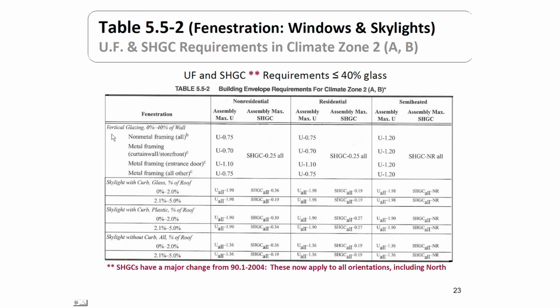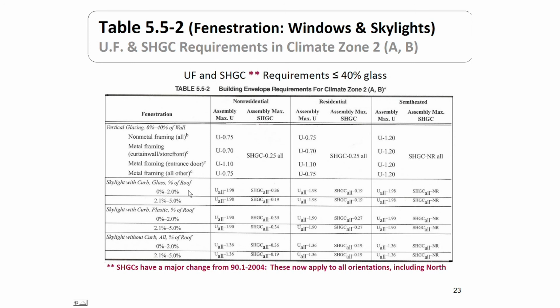And we have a breakdown into vertical glazing, and that could have non-metal framing or metal framing or entrance doors and so on. That makes a little difference in the U factor requirements that are shown over here in the column. Skylights are shown separately. They have their own requirement depending on what percentage of the roof area they cover.